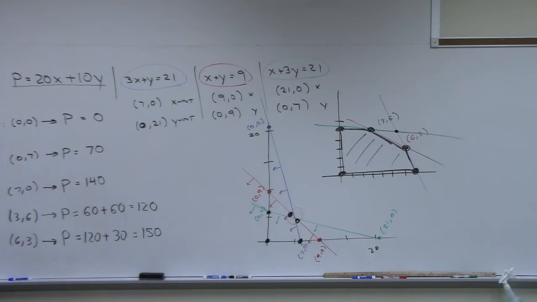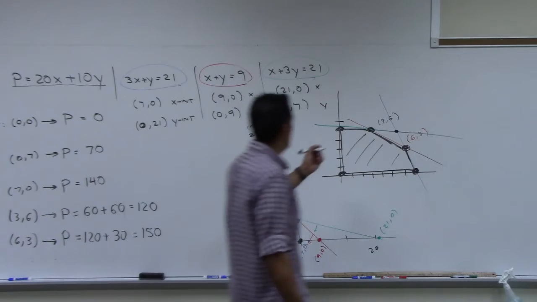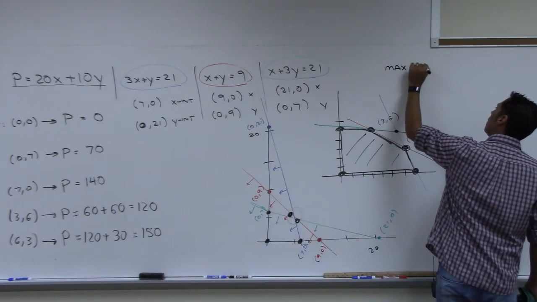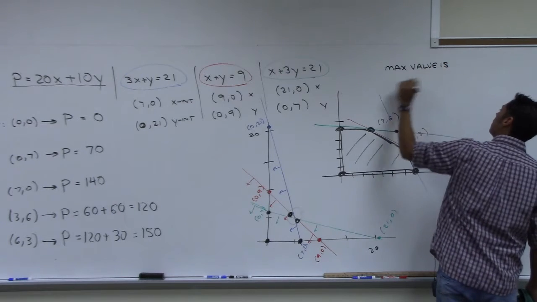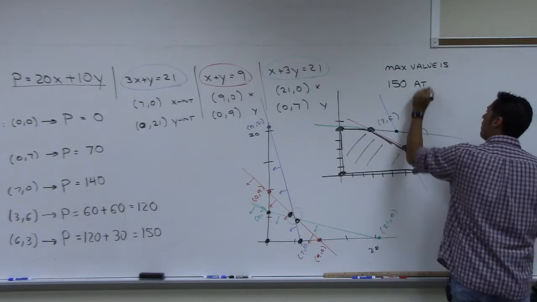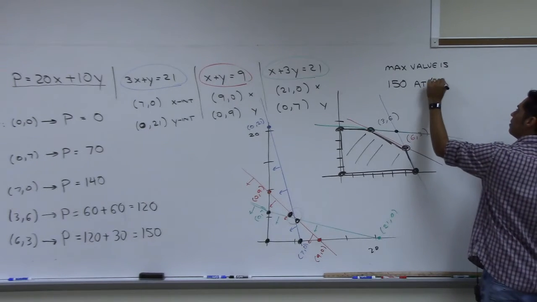So what is the maximum value of p? The maximum value is 150. At the point, where does it happen? 6, 3.